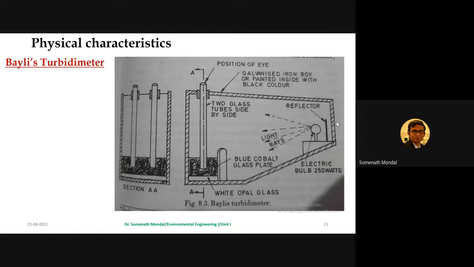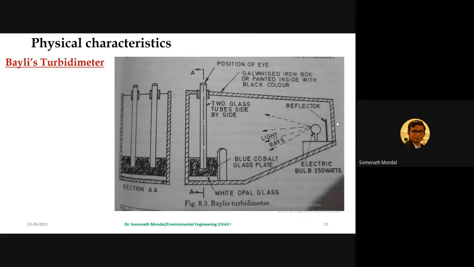On the other side, in front of the tubes, a 250 watt electric bulb is located with a reflector. You can see on the right hand side that reflector and that 250 watt electric bulb. The glass tubes are supported at the bottom by a white opal glass plate and are surrounded by blue cobalt plates, which I have already mentioned.